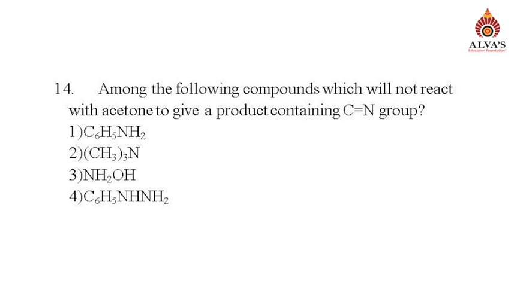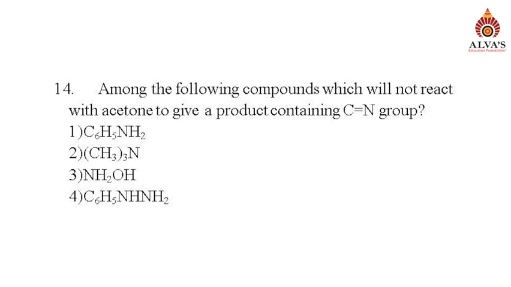Next, question number 14. Among the following compounds, which will not react with acetone to give a product containing C=N group? The options given to us are C6H5NH2, that is aniline, (CH3)3N, that is trimethylamine, third is NH2OH, that is hydroxylamine, and fourth one is phenylhydrazine.